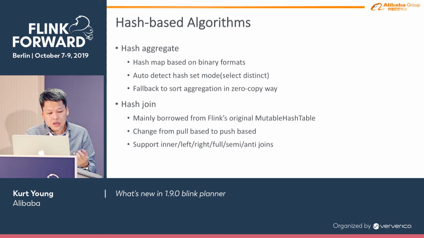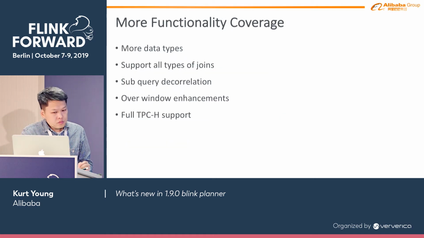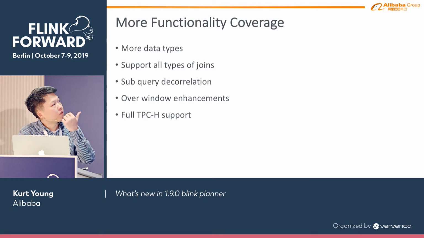We support inner, left, right, and full join, as well as semi and anti-joins. Semi and anti-join is extremely useful if some subquery is involved. So we also made some more functionality coverage. Like I said, we have more data type support, and we support all types of joins.